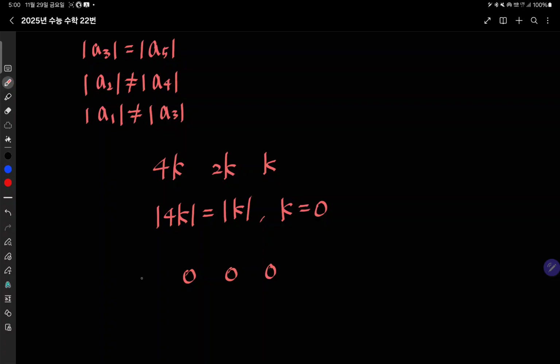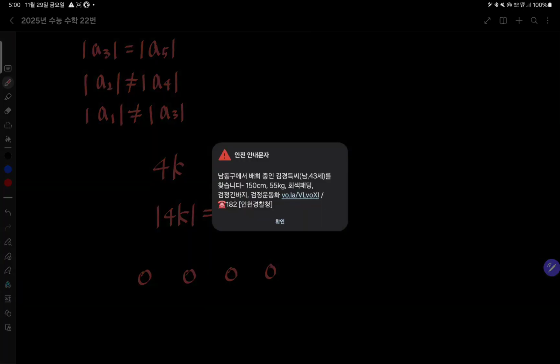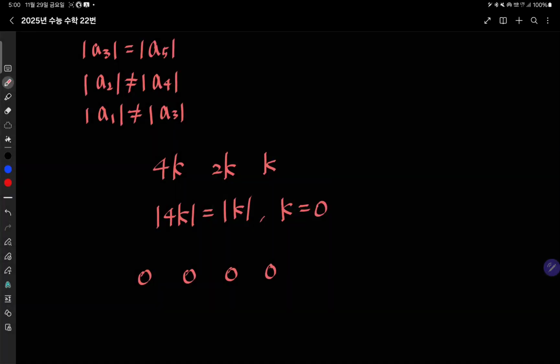And the second term cannot be 0 because the second term and fourth term are not the same. So the second term should be 3, and the first term is 6.